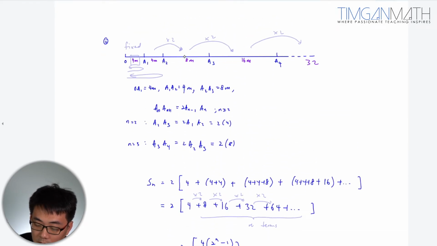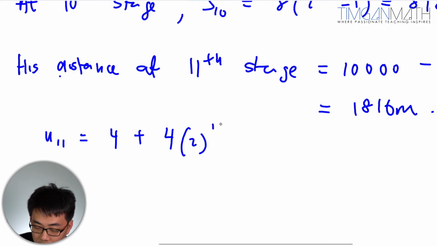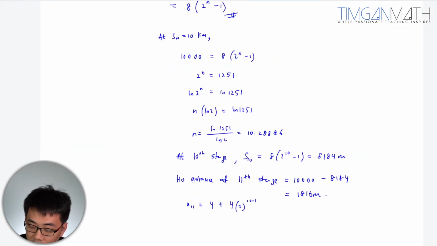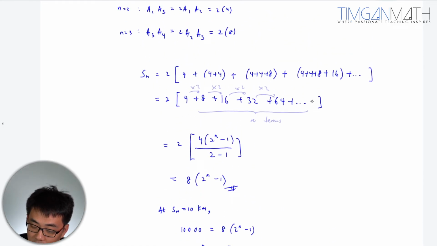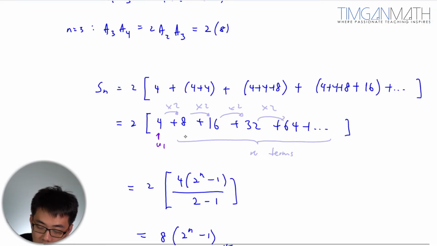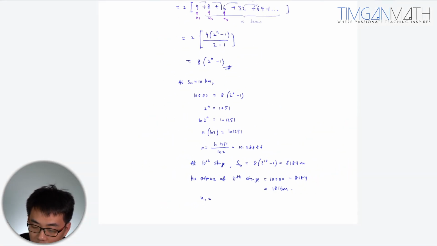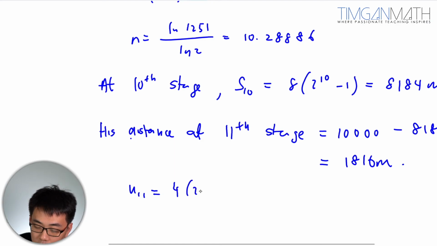Sorry, what I meant was the 11th stage. I wrote it wrongly. This is the first stage, U1. This is U2. This is U3. So U11 would then be 4 times 2 to the power 11 minus 1, and that will be 8192 meters.